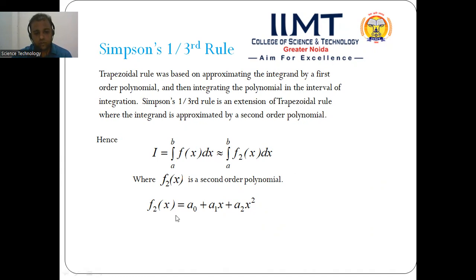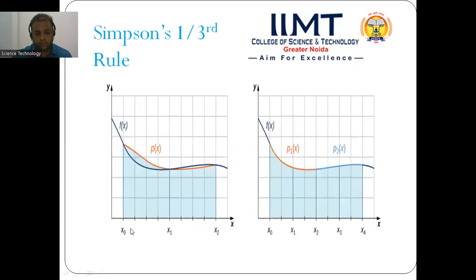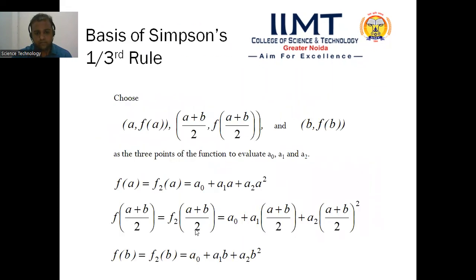To estimate a second order polynomial, there are three unknown parameters a0, a1, a2. We have to estimate these using the given values of the function over the interval. So we have to choose at least 3 points of the interval, or at least two partitions, two intervals, to find these three values.